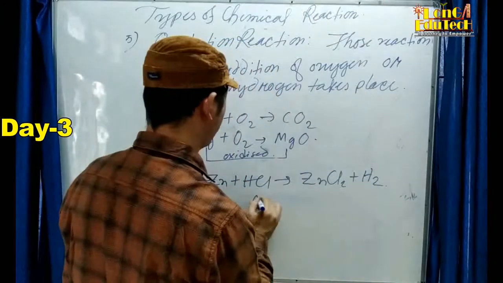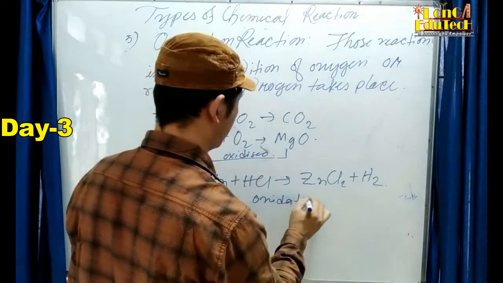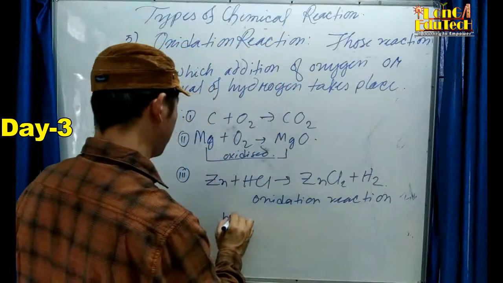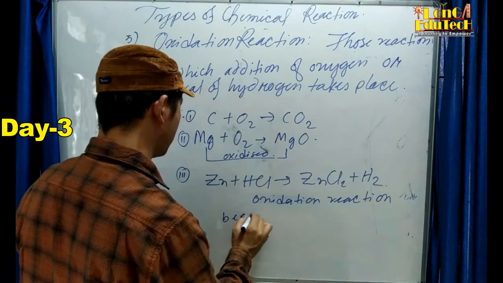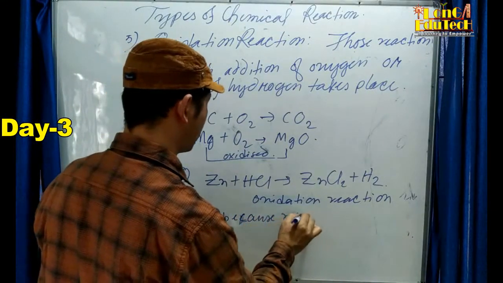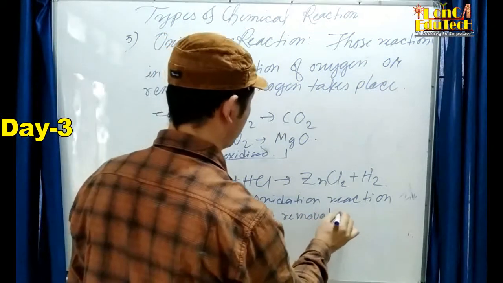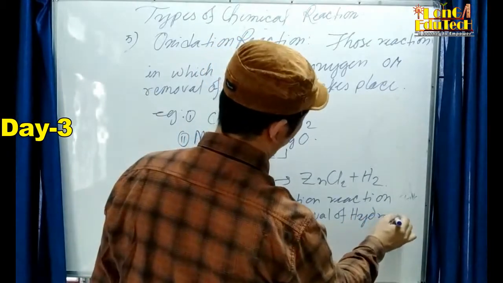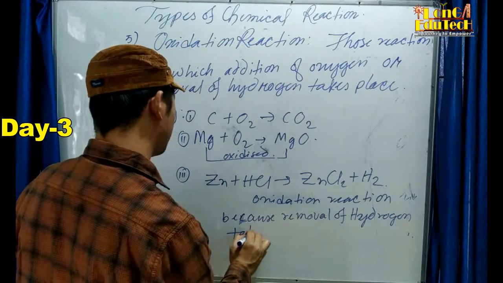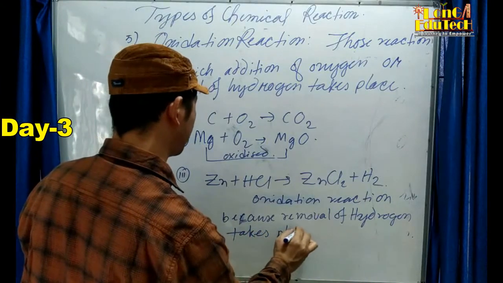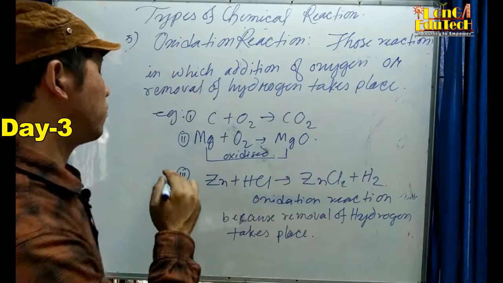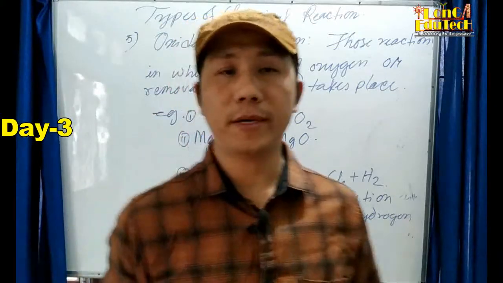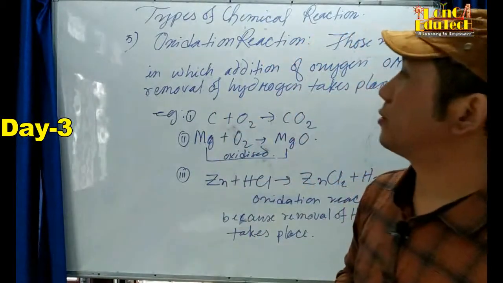This is the oxidation reaction, because removal of hydrogen takes place. Hydrogen gets removed from the chlorine, right? And here it formed zinc chloride, right? So this is about the oxidation reactions.